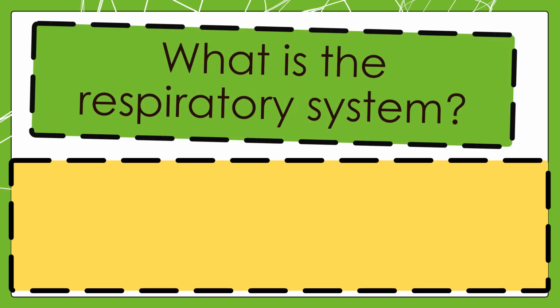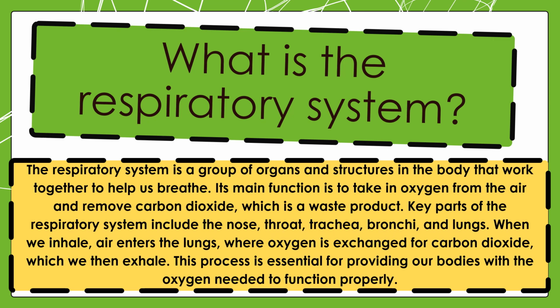What is the respiratory system? The respiratory system is a group of organs and structures in the body that work together to help us breathe. Its main function is to take in oxygen from the air and remove carbon dioxide, which is a waste product.